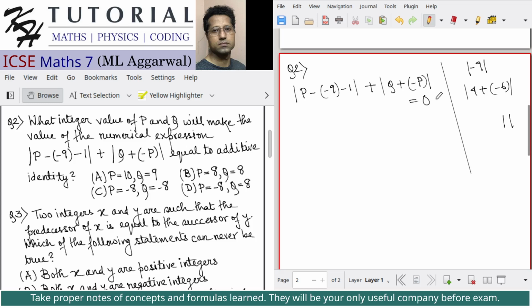That is, the value of the numerical expression will be equal to 0. So we have this equation.